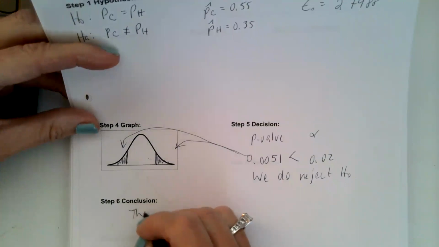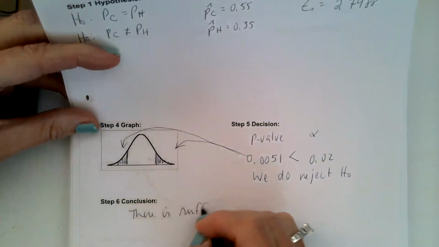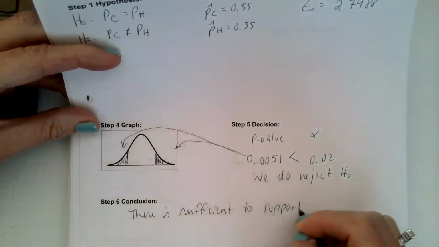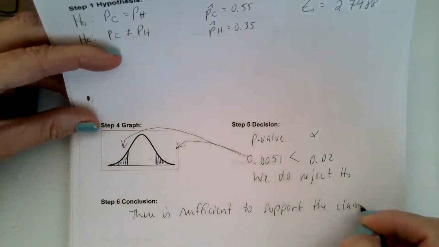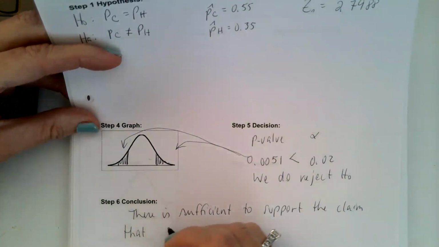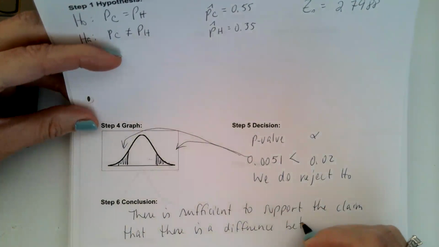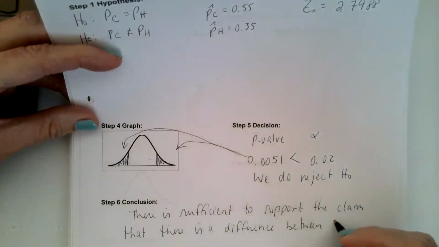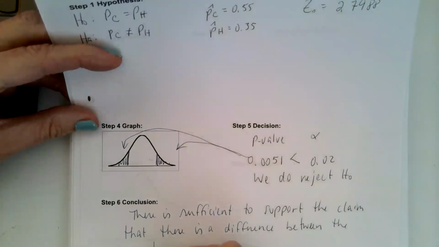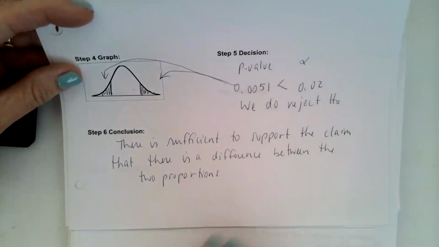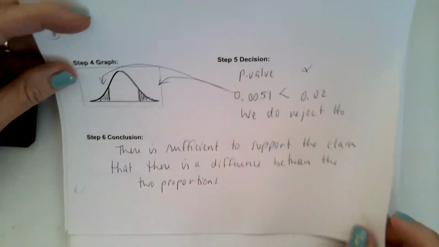So there is sufficient evidence to support the claim that there is a difference between the two proportions. So that is the love at first sight example.